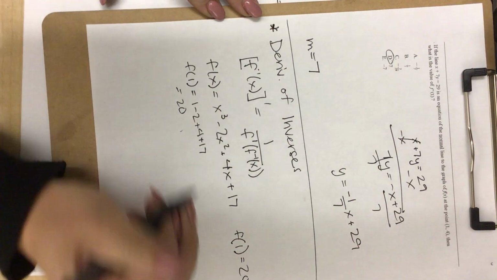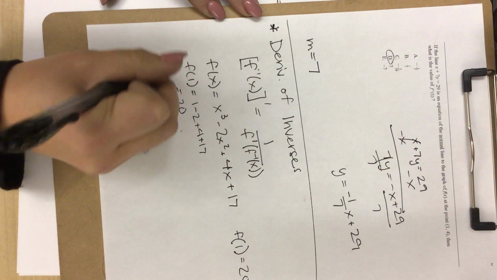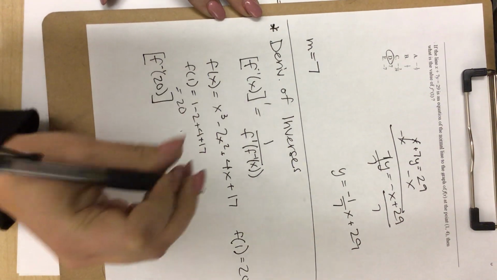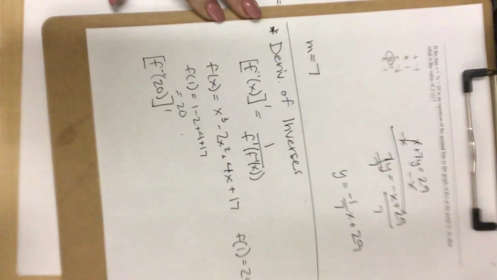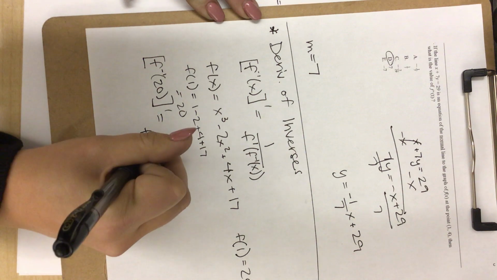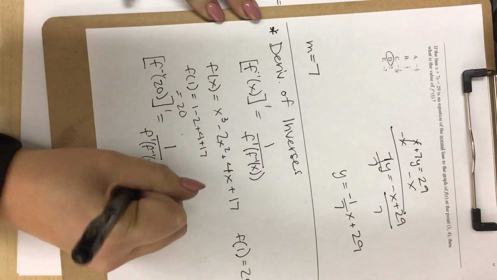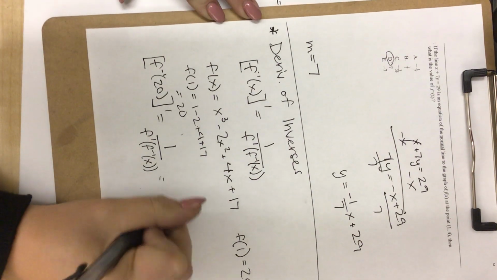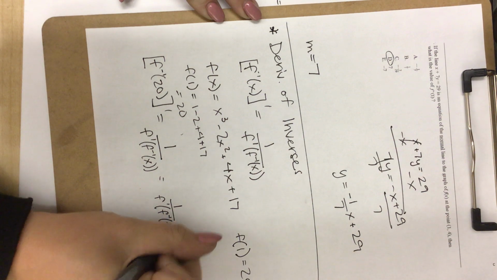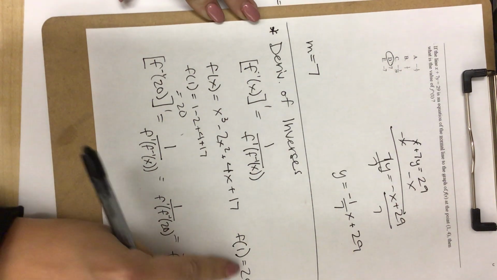So if I wanted to know the derivative of the inverse at 20, what you would do is 1 over f prime of f inverse of 20, which is 1.